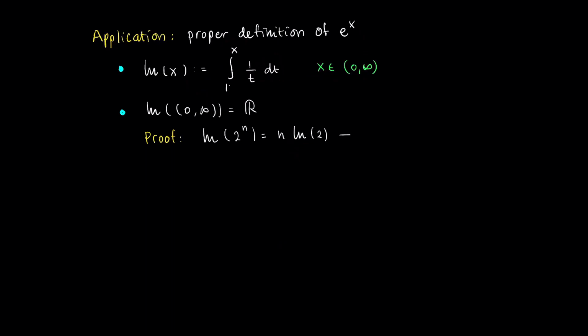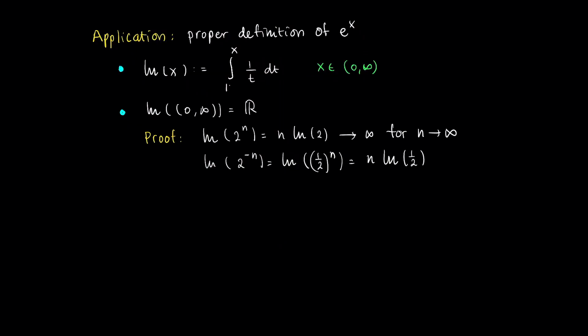So when we now increase n to infinity, then the logarithm of 2 to the power n also goes to infinity. On the other hand, if we have the logarithm of 2 to the power minus n, this is the same as the logarithm of a half to the power n, which is the same as n times the logarithm of a half.